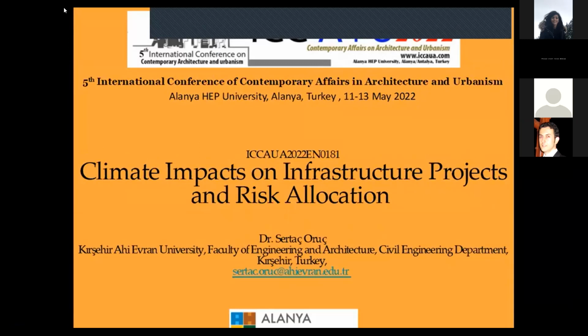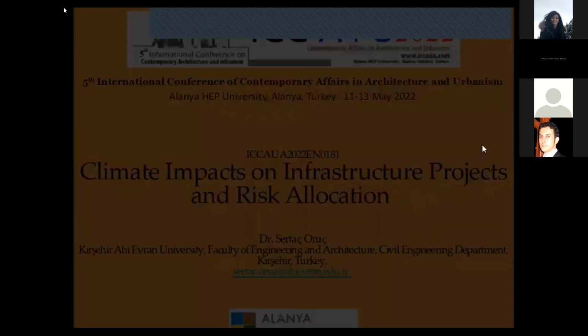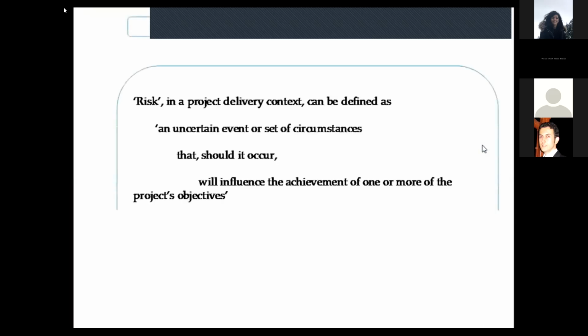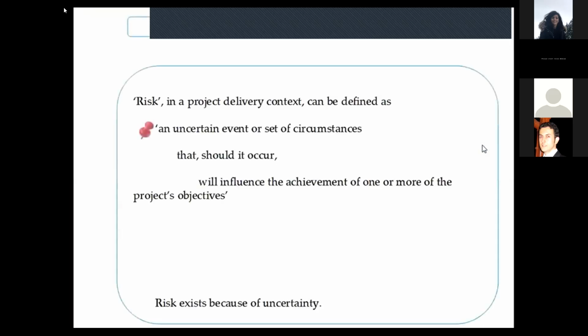First of all, we focus on risk in a project delivery context. Risk can be defined as an uncertain event or set of circumstances that, should it occur, will influence the achievement of one or more of the project's objectives. Risks exist because of uncertainty.